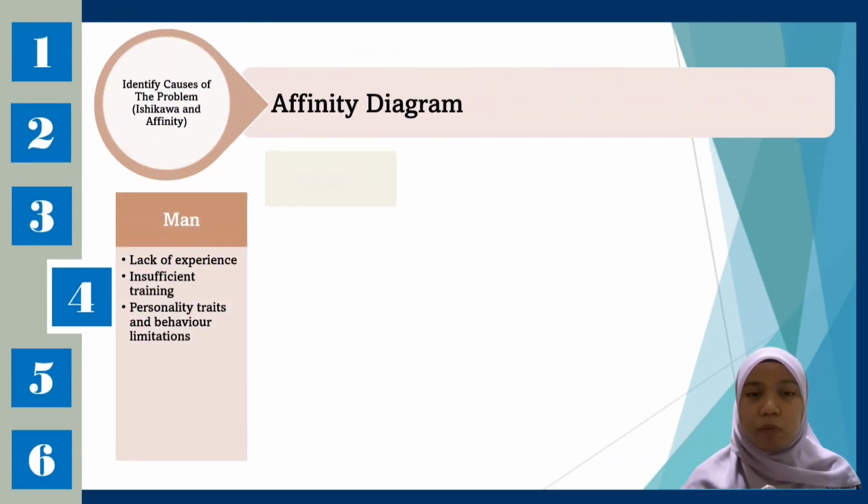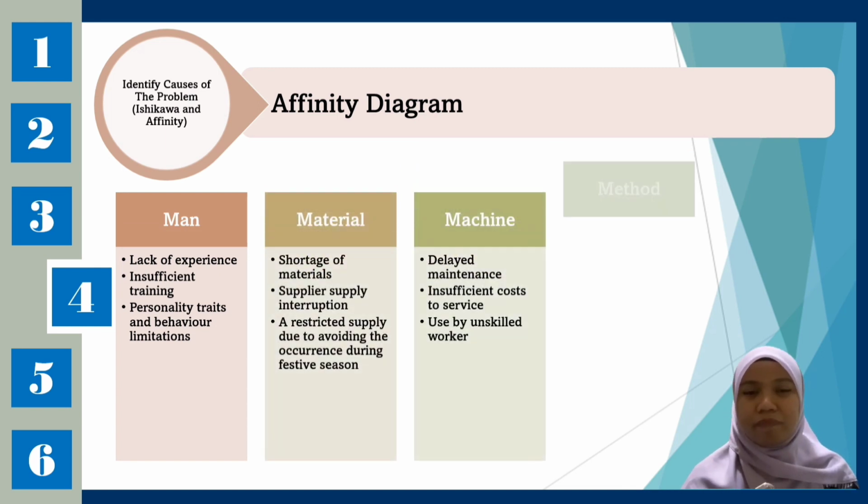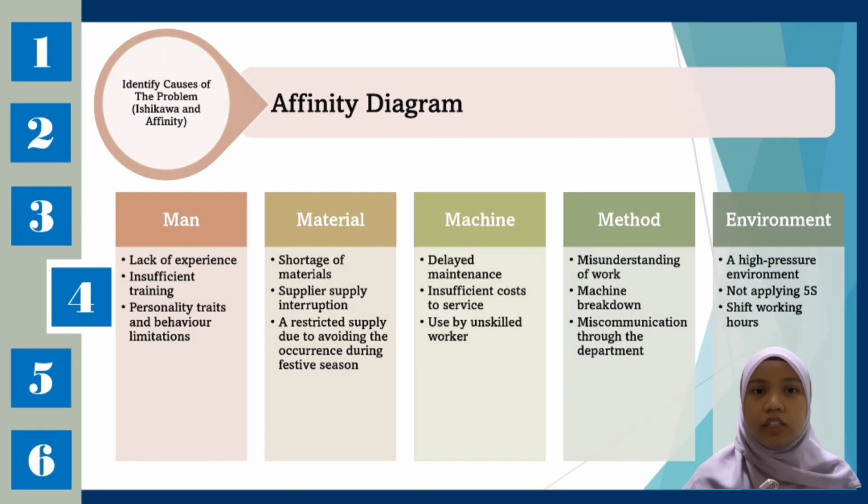I will present what issues are affecting the product productivity. In this part, we use an affinity diagram to sort the 4M1E. The 4M1E stands for man, material, machine, method, and environment.